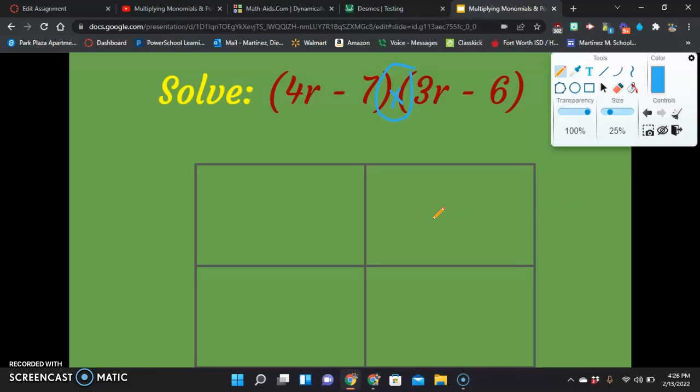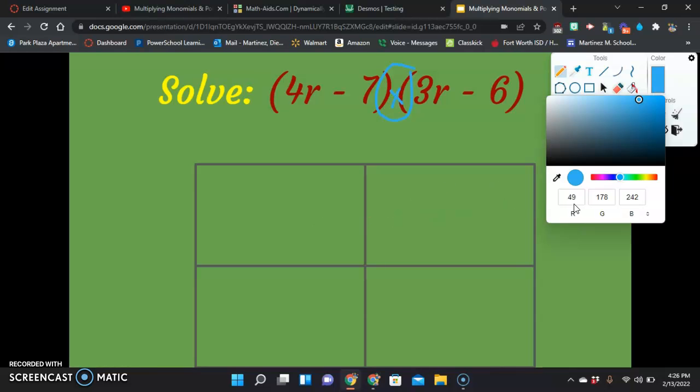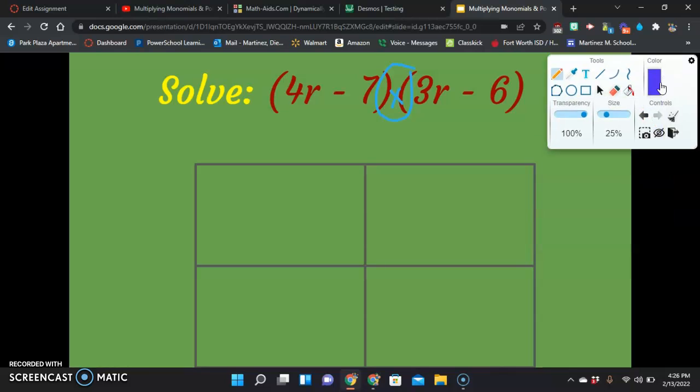So, let's do this. The first equation that you see is the first one that's going to go at the top. So the first equation is 4r minus 7. Any symbol in front of a number goes with it, even if it's a plus sign. So we're going to write here 4r, and here we're going to write negative 7.